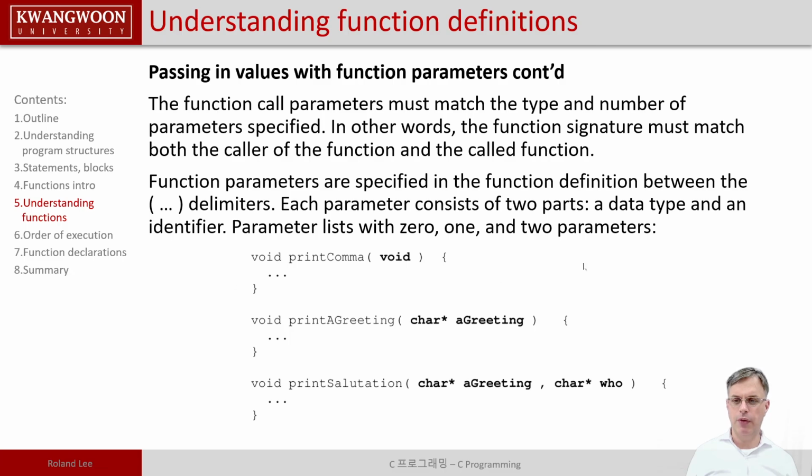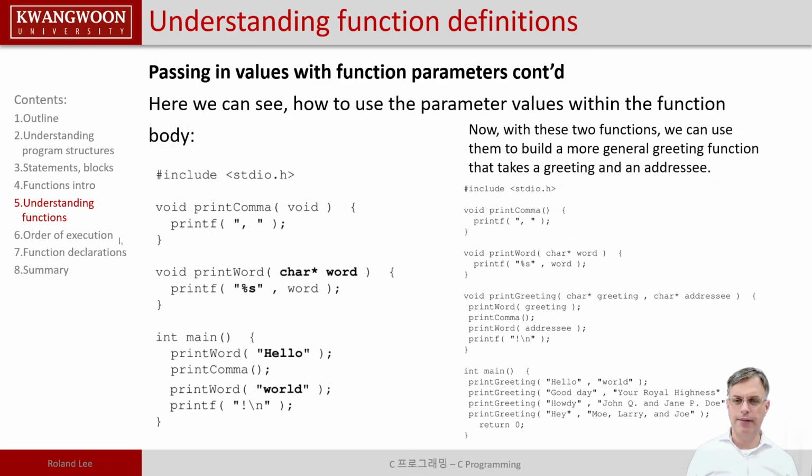Take as given for the moment that the C type of the string passed into the function is char star. This will be introduced later on. Within the function body, the parameter can not only be accessed but can also be manipulated.